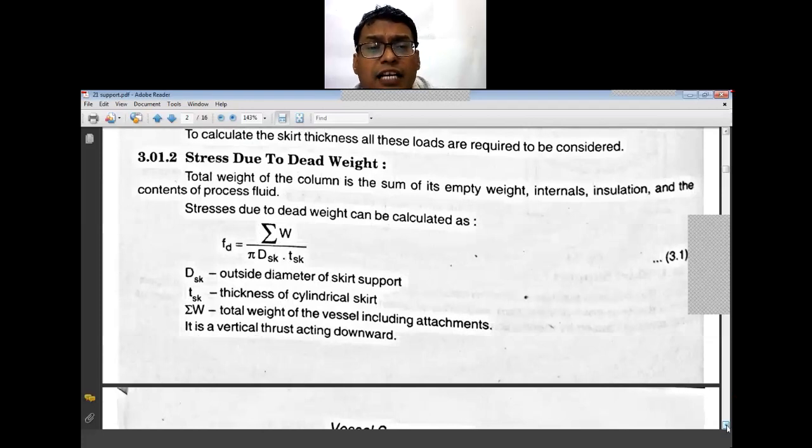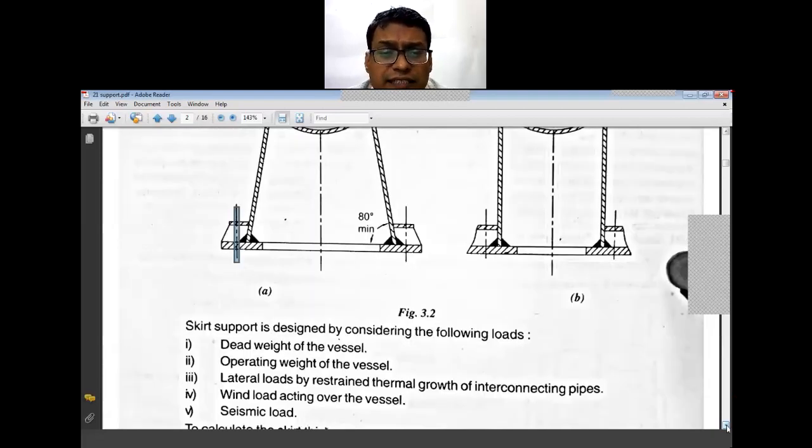Now, when we talk about designing aspects, we will have just an introduction today. The four different types of loads to be taken into consideration are the dead weight and the operating weight of the vessel, then the lateral load because of the attached piping systems, then the wind load and the seismic load.